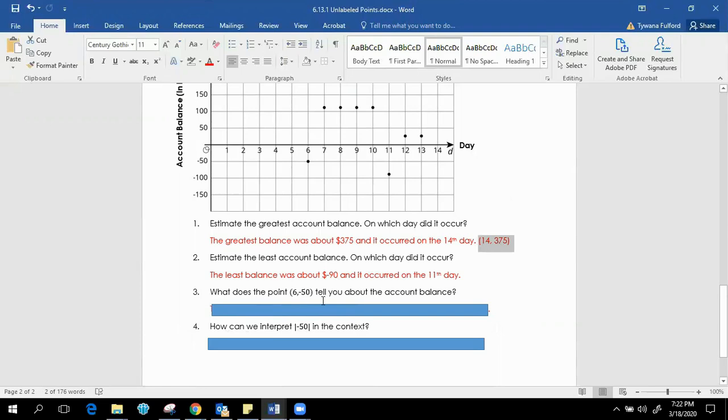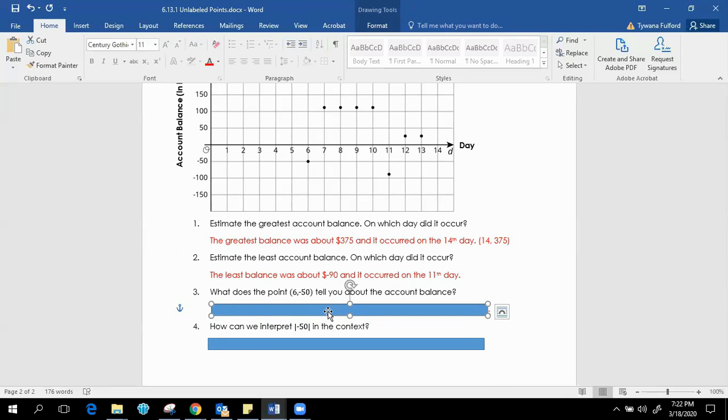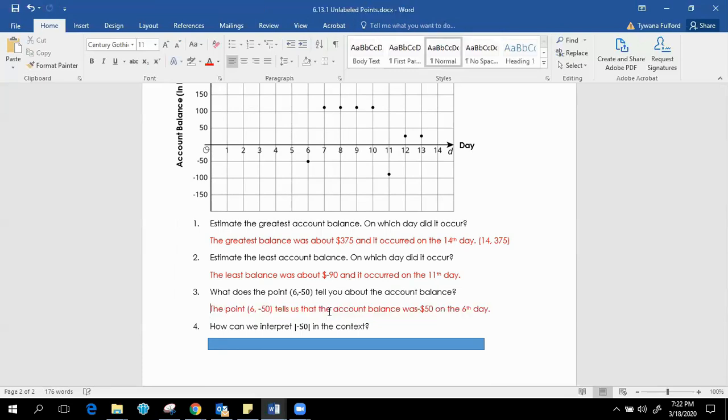So if we're looking at this point, go to 6 for the day and negative 50 for my account balance, it looks as if this person had negative $50 in their bank account on the 6th day, or they owed the bank $50, because if you have a negative amount, that means you don't have any money in your account. You actually owe the bank money. So this person owed money to the bank on the 6th day, because the point (6, negative 50) tells us that the account balance was negative $50 on the 6th day.